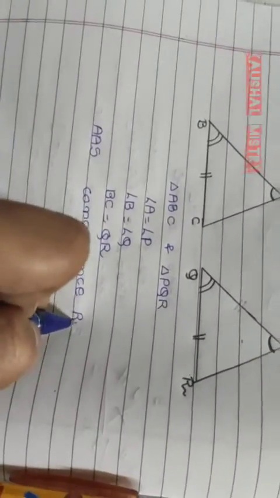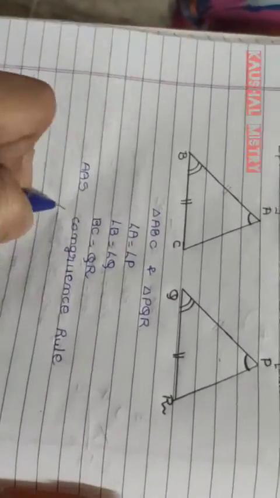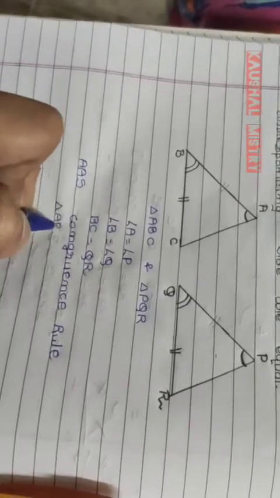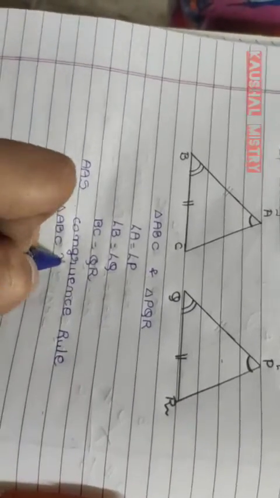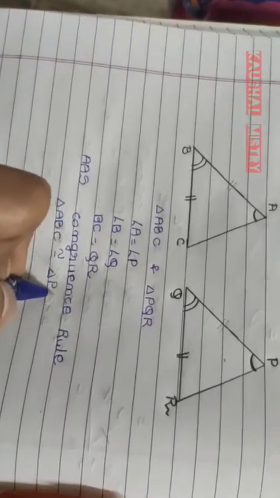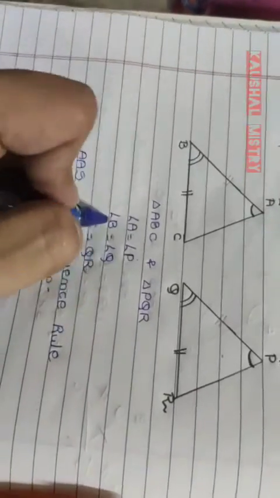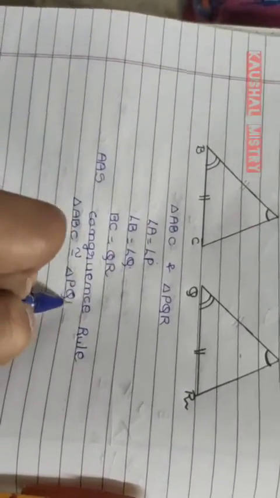Triangle ABC is congruent to triangle PQR.